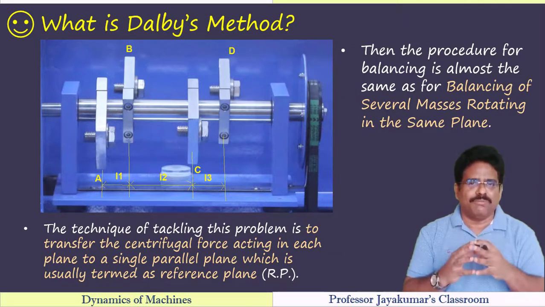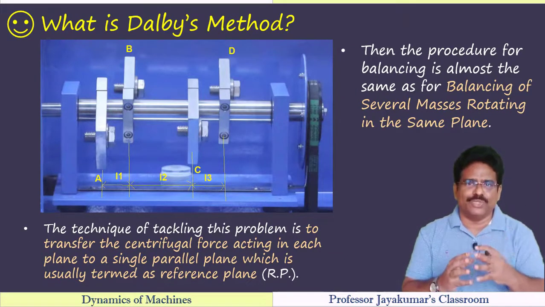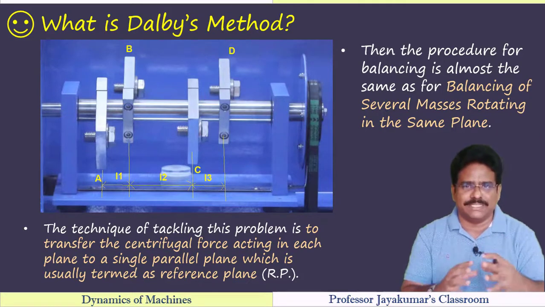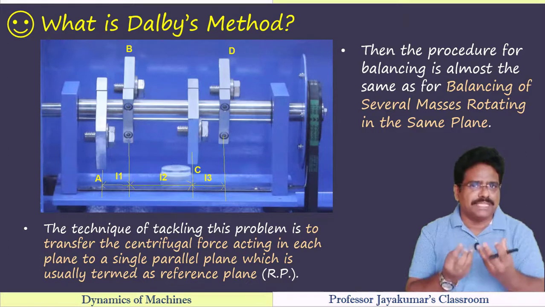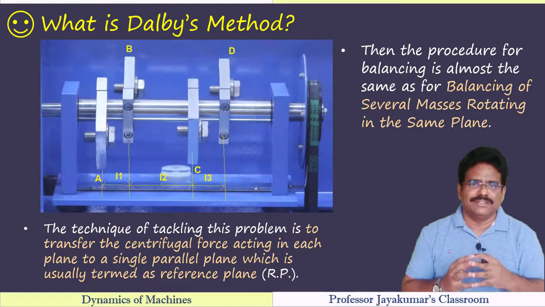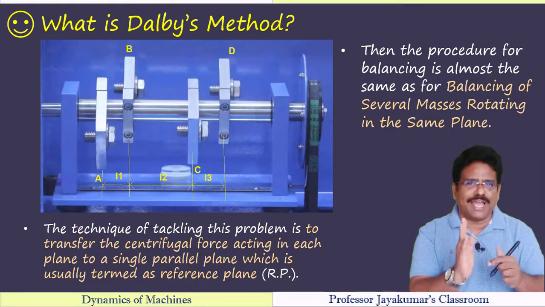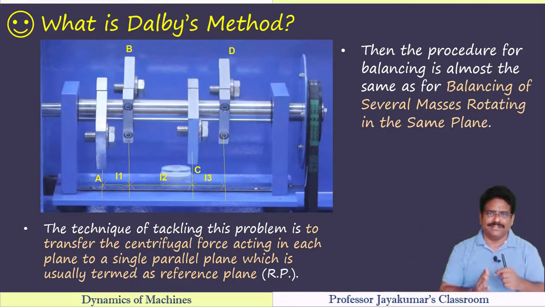To attack this problem of dynamic balancing, the most popular method used is Dolby's method. People directly solve a problem, but without understanding the basic concept of it, it will not be much appreciated. So we will discuss now Dolby's method. We are going to add a balancing mass in a particular plane. We call that plane a reference plane.